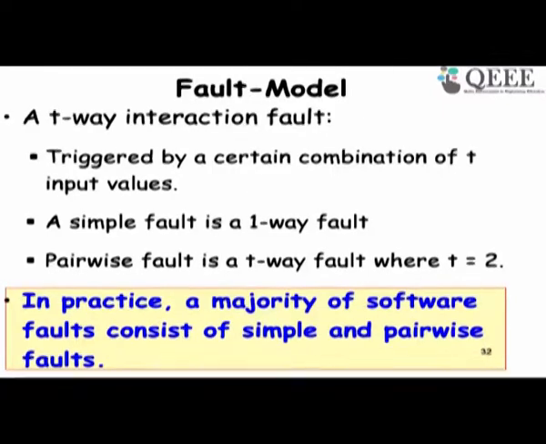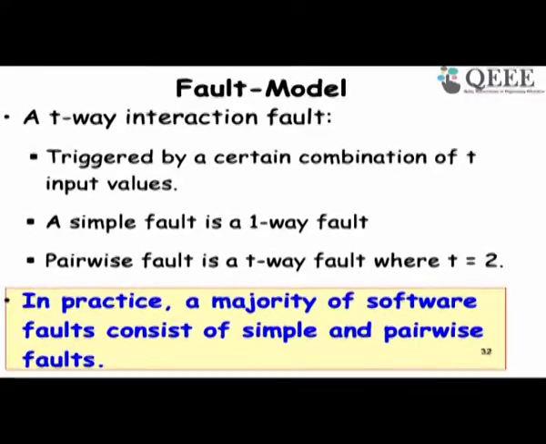And if it is a one-way fault, then the fault will occur as long as that one input parameter has some value. A pairwise fault is a T-way fault where T is equal to 2. That means that a certain pair of conditions have some value, 0, 0 or 0, 1 or whatever.